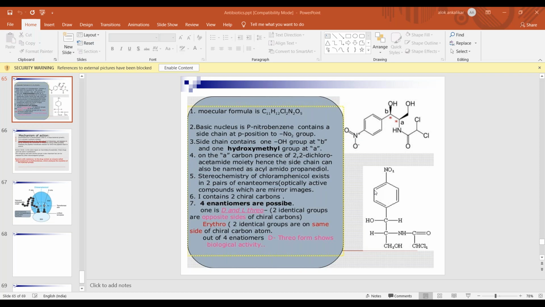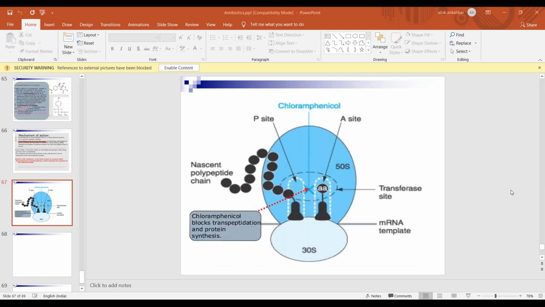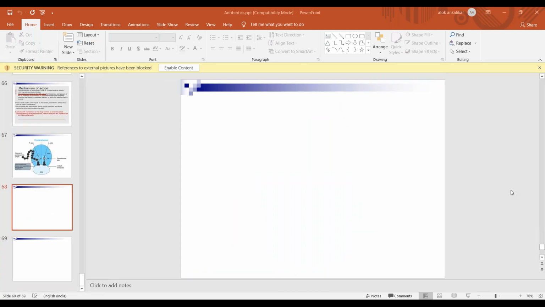And we have already discussed the mechanism of action. They are 50S ribosomal subunit binding compounds, and they inhibit protein synthesis by binding to this. Okay. So this is about chloramphenicol. The SAR is easily discussed, and the mechanism of action is also discussed.